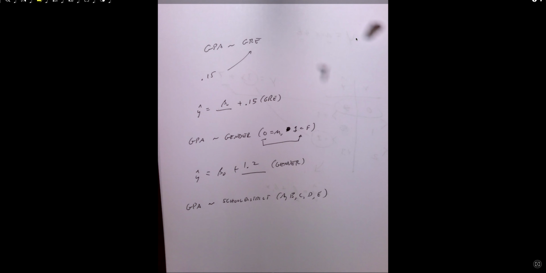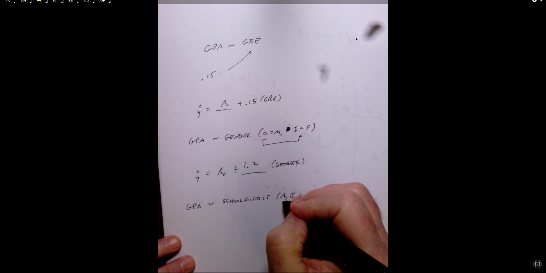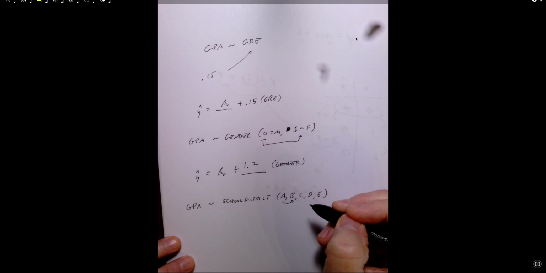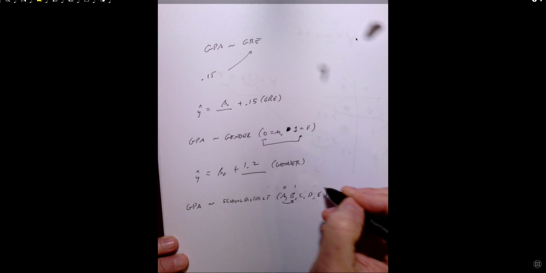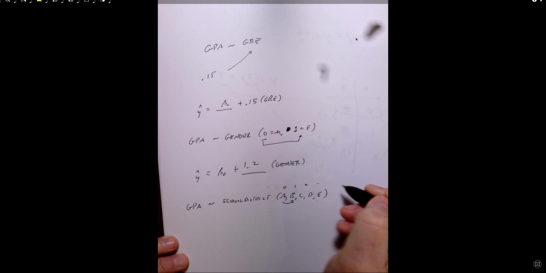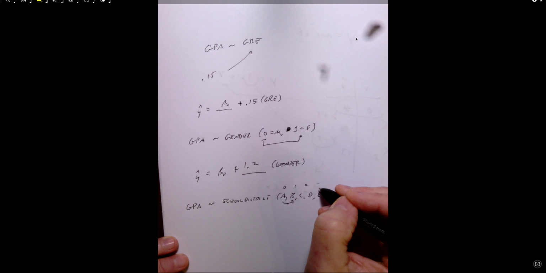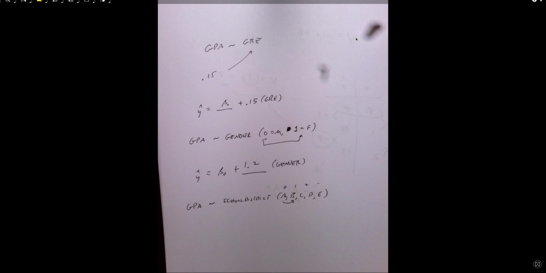What if we're trying to predict GPA from school district and we have 5 school districts, A, B, C, D, E, for example? What's a 1-unit increase mean? Well, we don't know, right? A 1-unit increase isn't anything. We can't make these things 0, 1, 2, 3, 4, or 1, 2, 3, 4, 5, whatever, because those are just placeholders. They don't take on a quantitative meaning.